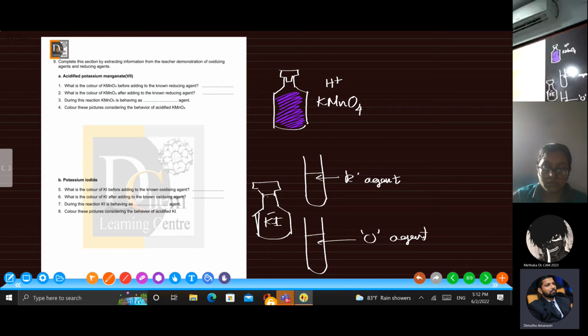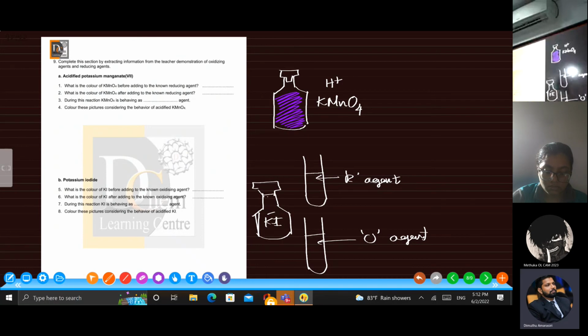Colorless. Now what are we going to do? We are going to add this into solutions again. Out of solutions A, B, C, D, E, we found A, B, C are reducing agents because they reacted with our oxidizing agent, right? Now we are going to add our reducing agent into them.